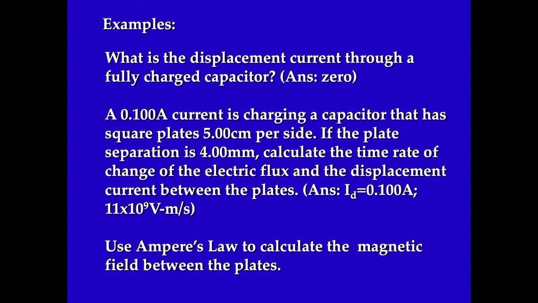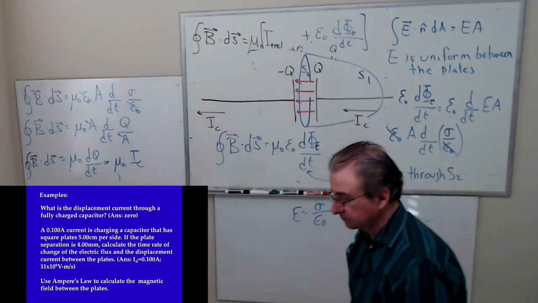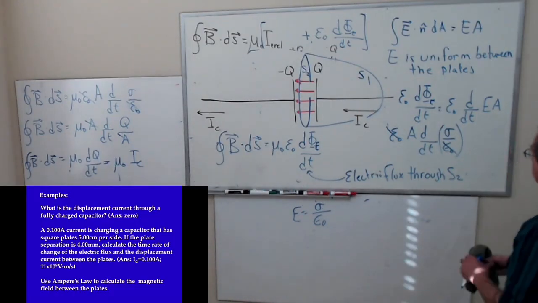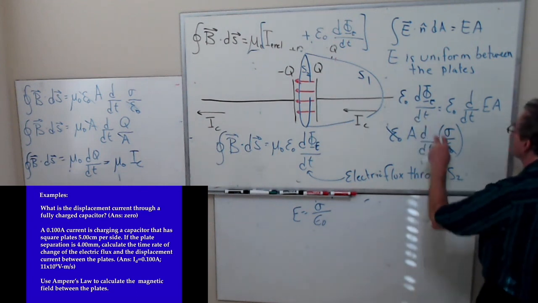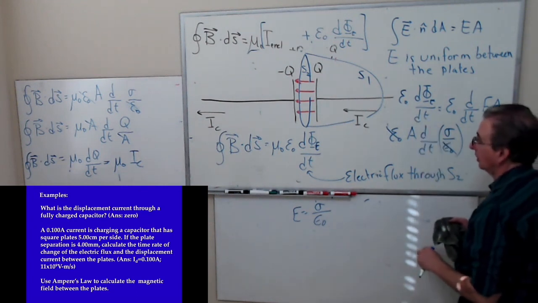Again, the displacement current will be the same as the conduction current. But what is the time rate of change in the electric flux? What is this term in that particular problem?